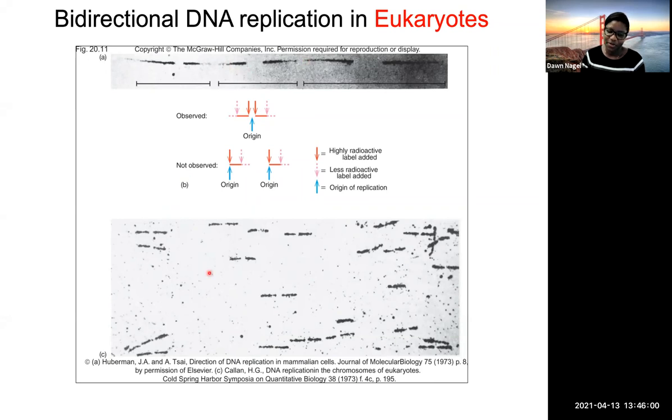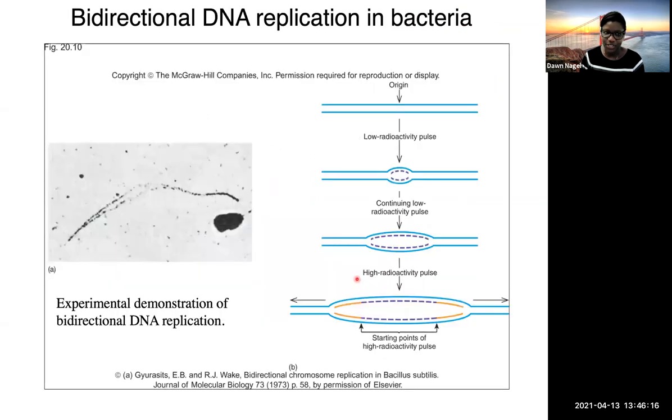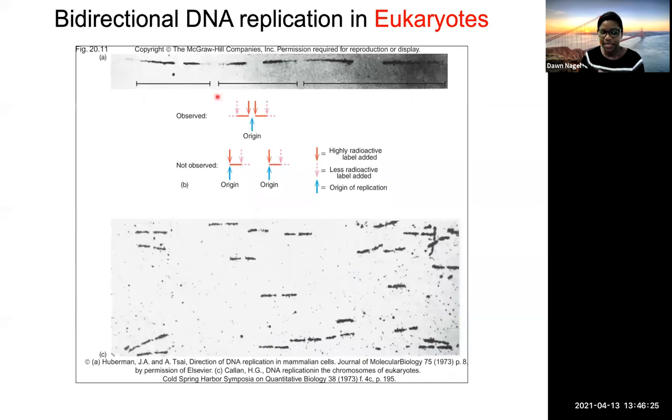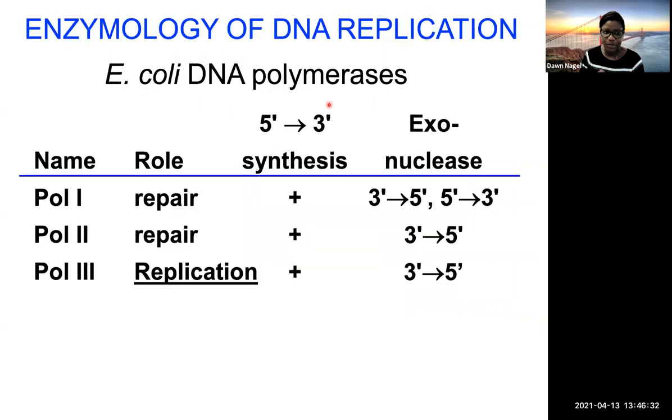But in this experiment, they synchronized the cells, so you can see all of the different chromosomes have the same intensity, so they're dividing pretty much at the same rate. Okay, so don't get bogged down too much by the details about these two experiments, besides the fact that both experiments using different pulses of radioactivity showed that DNA replication in bacteria is bidirectional. DNA replication in eukaryotes is also bidirectional, from a single origin of replication. Okay.